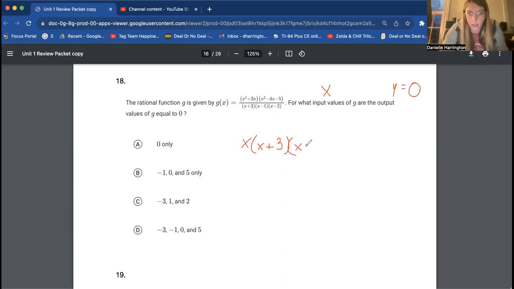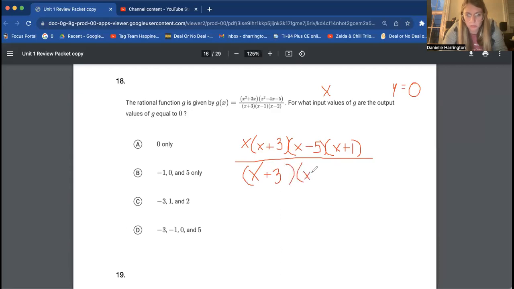That's going to be x minus 5 and x plus 1. Great. Now let's tackle the denominator. Oh, the denominator's already done. I have the x plus 3, x minus 1, and an x minus 2.